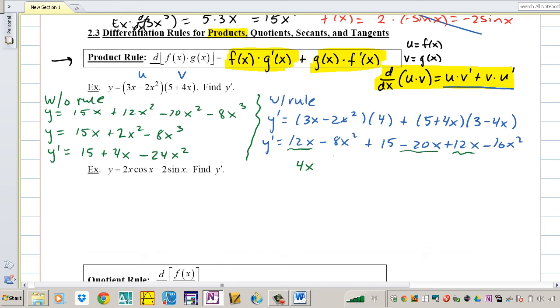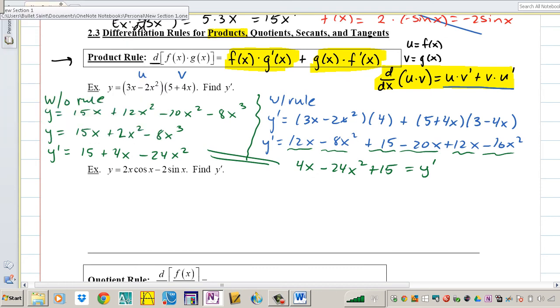And then I have negative 8x squared and negative 16x squared, which gives me a total of negative 24x squared. And then I have my 15. And I see that my derivatives are the same, just in different order.